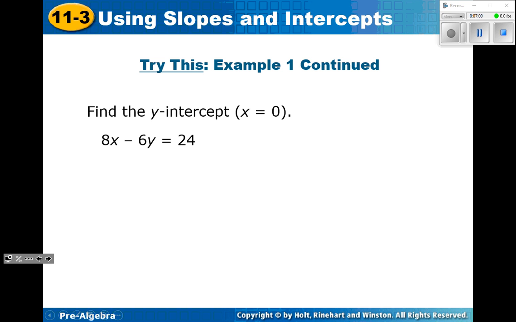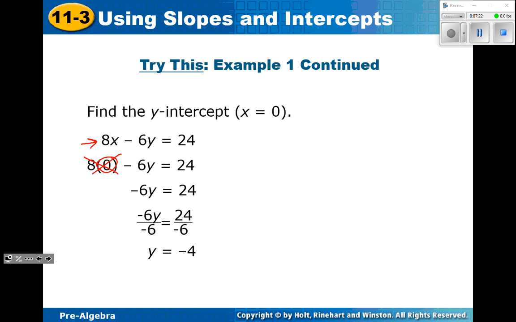Okay, now to find the y-intercept, again, we write the equation. We plug in 0 for x, causing this term to disappear, leaving us with negative 6y equals 24. Divide both sides by negative 6, and our y-intercept equals negative 4.